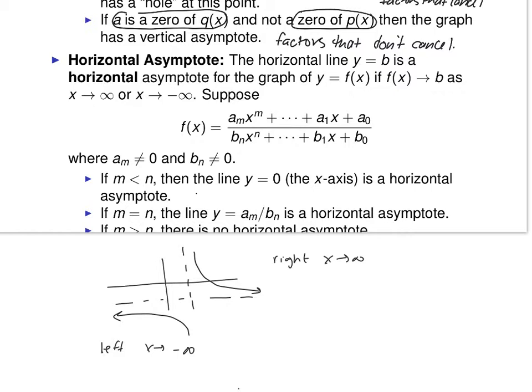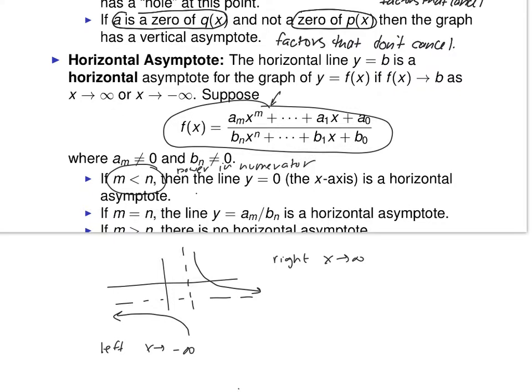And so when you have a rational function like this, if your m is less than n, so m is the power in the numerator, n the power in the denominator, then y equals 0, or the x-axis is a horizontal asymptote.